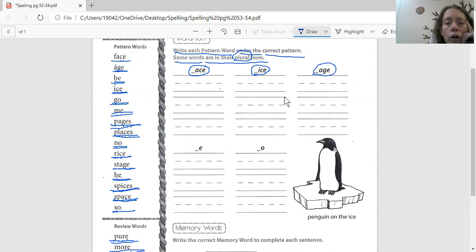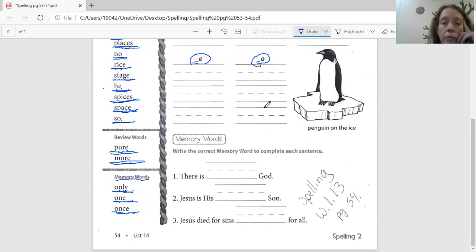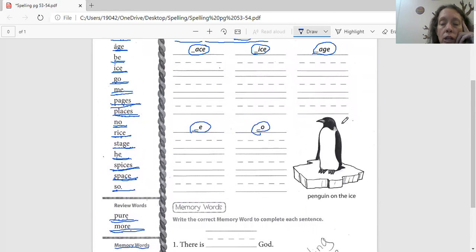You're looking for words that just end in E without any of these, or words that just end in O without any of these other vowels in them. Okay, now keep in mind that the words you're using for up here are only found in this big list. You won't need to look down here in the review or memory words because those aren't something we're going to do today.